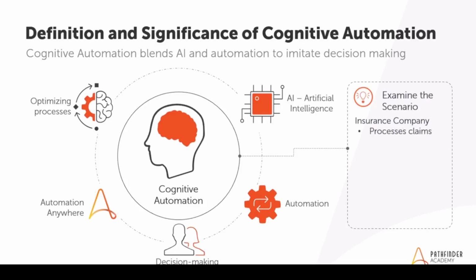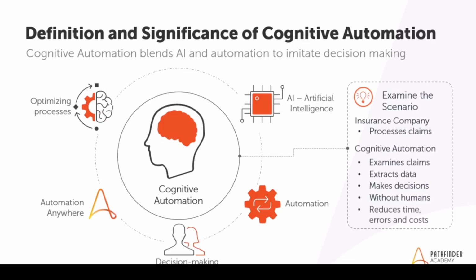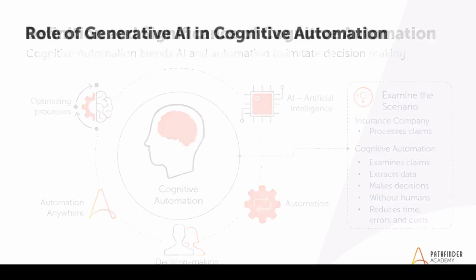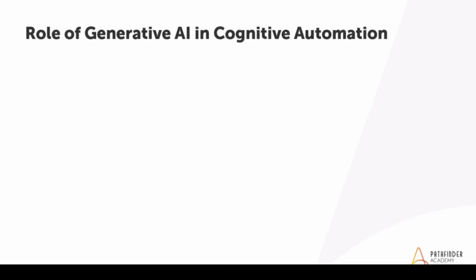For instance, consider a scenario in which an insurance company processes claims. Cognitive automation can analyze and process claims by extracting data from documents, making decisions, and executing tasks, all without human intervention. Now, this significantly reduces processing time, errors, and cost.